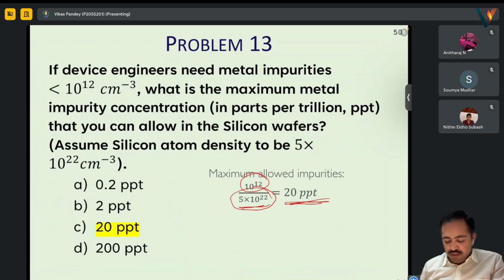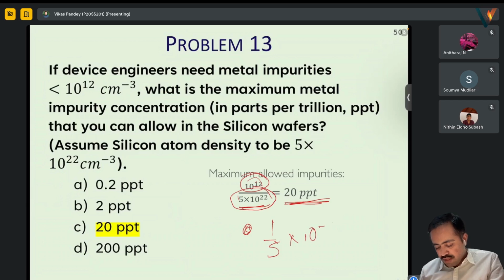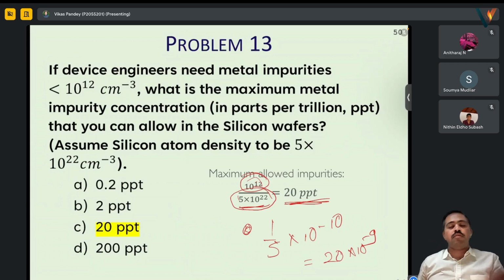So if you calculate this, it will come as 1 by 5 into 10 to the power minus 10, equal to around 20 into 10 to the power minus 9. Am I correct? So it will be 20 per 10 to the power 9. That means 20 parts per trillion.